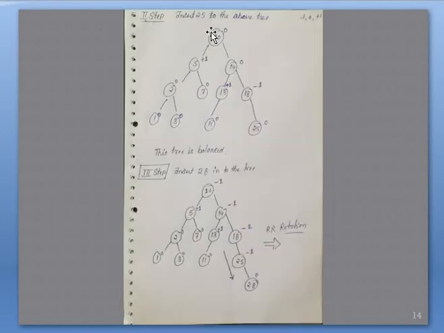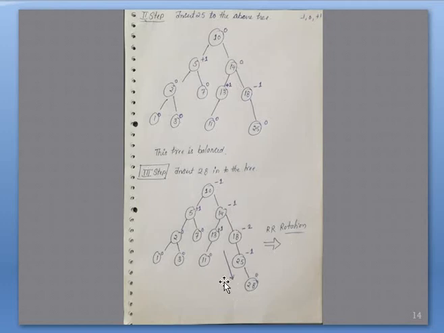The next element that we need to insert is 25. After inserting 25, the balancing factor of the left node is -1, and the root node is 0. All the nodes have 0, -1 or +1, so this tree is balanced.